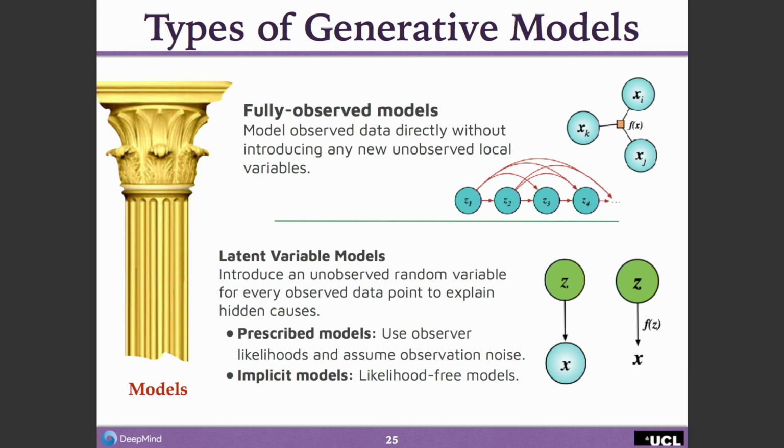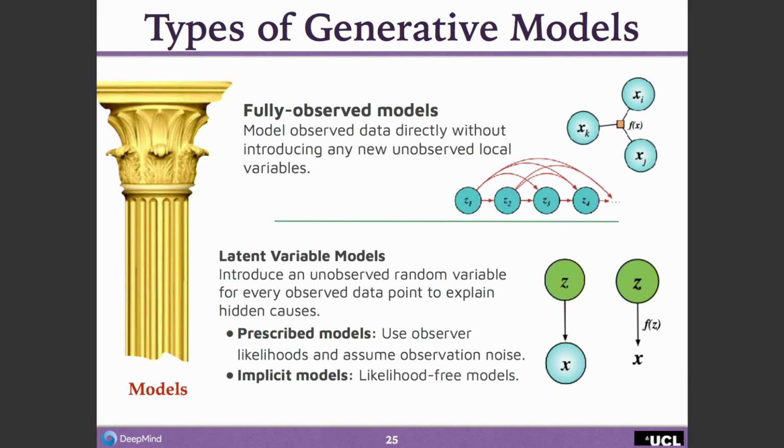One will be the prescribed models. And prescribed models are models where you will decide that the observational data that you have has some kind of likelihood function. There is a noise model. And by choosing a noise model, so in this graphical model, we have a random variable z, which is unobserved, and then we have a new random variable x, which itself has some distribution that we choose.